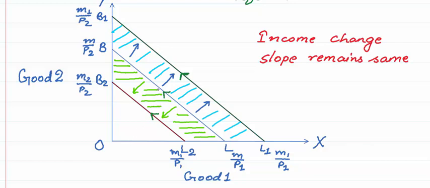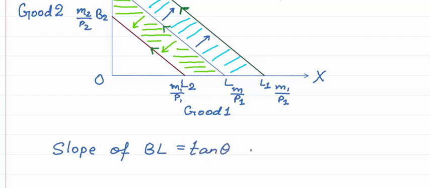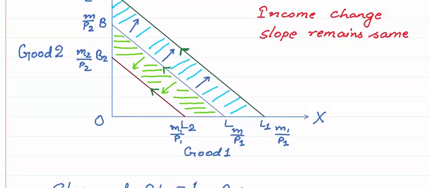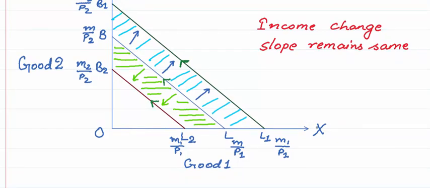Now finding the slope of these three lines, we have the slope of budget line BL equal to tan theta, which is equal to the intercept on the y-axis, that is M by P2, divided by the intercept on the x-axis, which is M by P1.